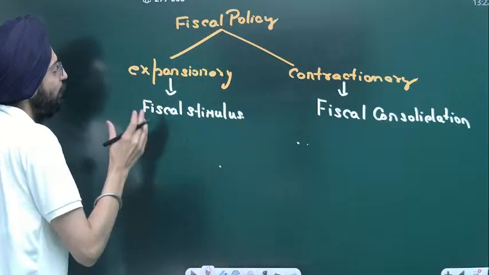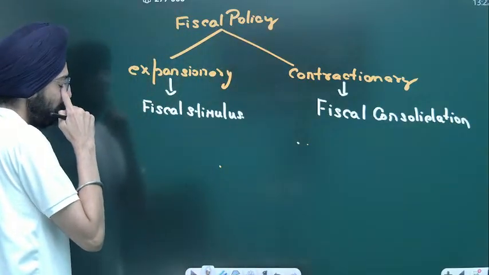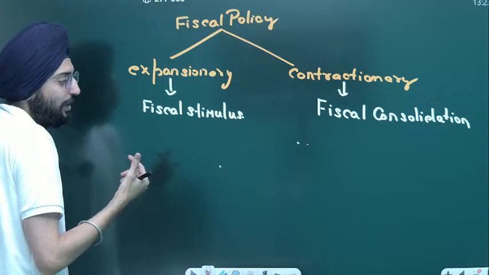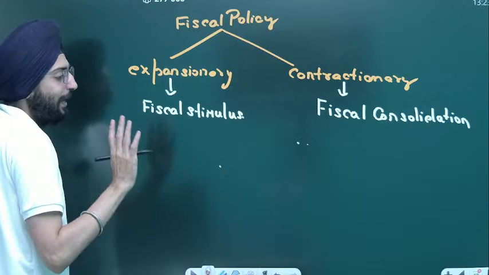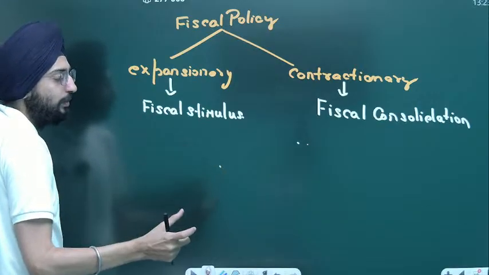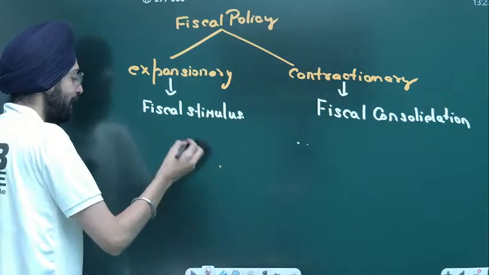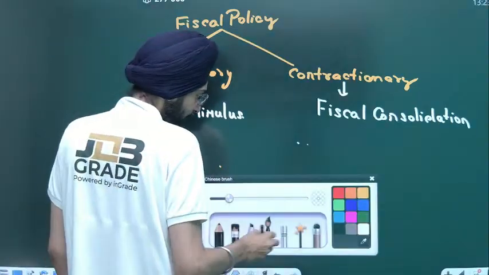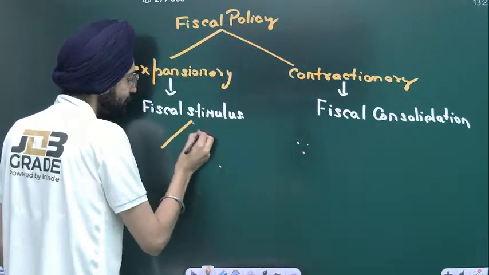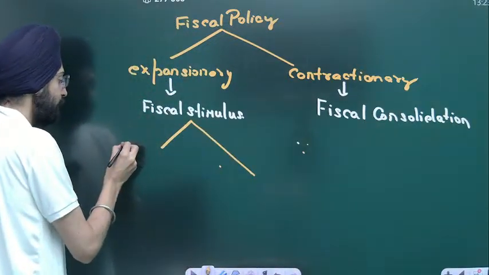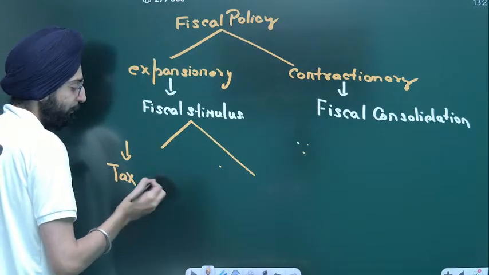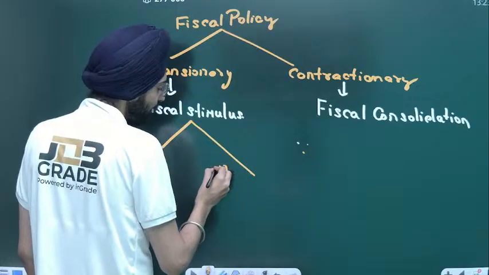When I talk about expansionary, how can the government increase the money supply or the flow of money? There are majorly two broad methods through which the government can increase the money supply or cash flow in the economy: either to decrease tax, or to increase capital expenditure.